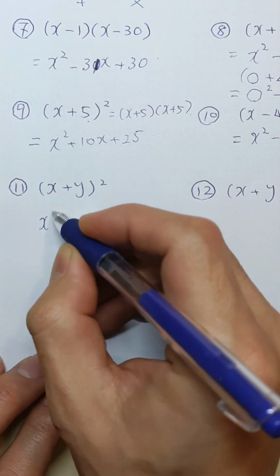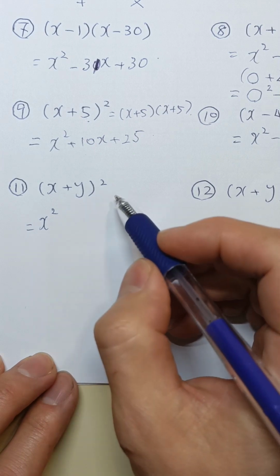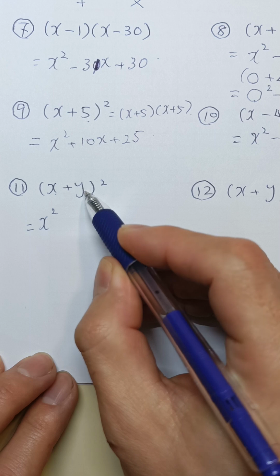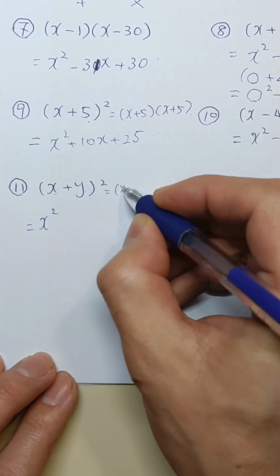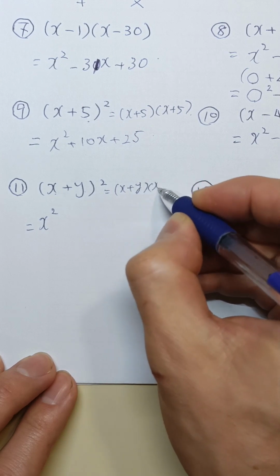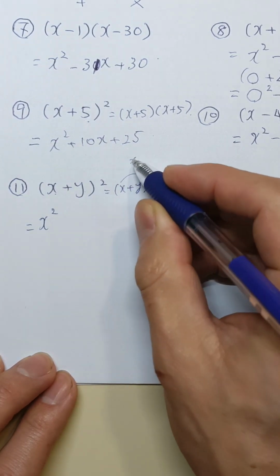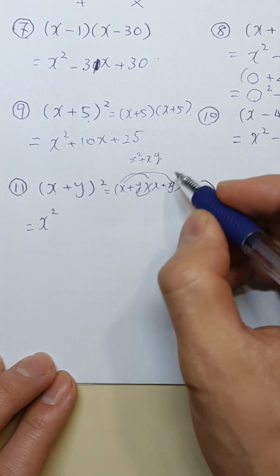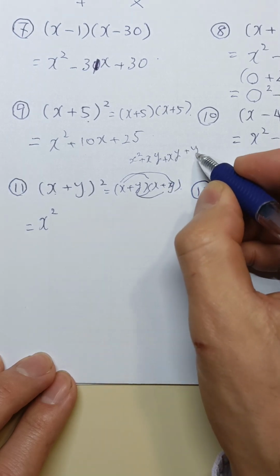This one is the same. x times x, x squared, and then this type is x times y, and then times 2. Because this one has y, this times this, x squared, this times this plus xy, this times this plus xy, and then this times this is y squared.